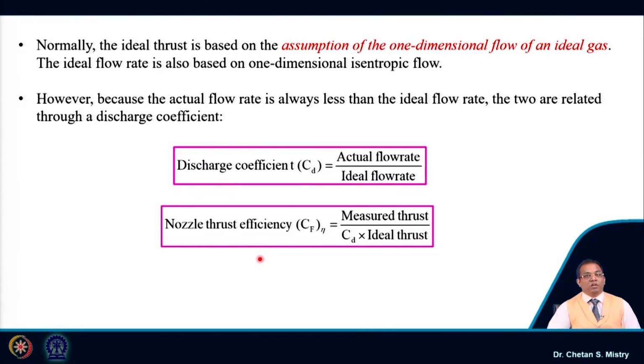So, nozzle thrust efficiency can also be rewritten as the measured thrust divided by CD times the ideal thrust. So, what we are using is useful for defining the performance assessment of all these components.